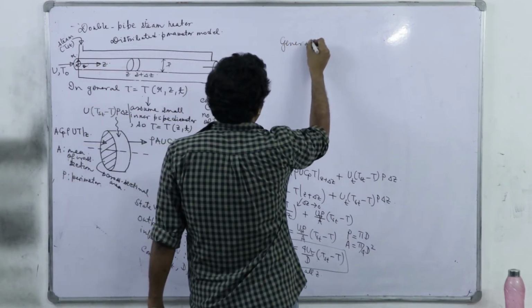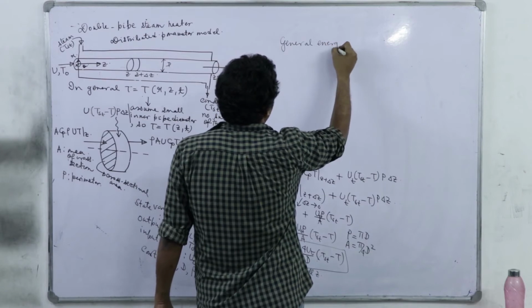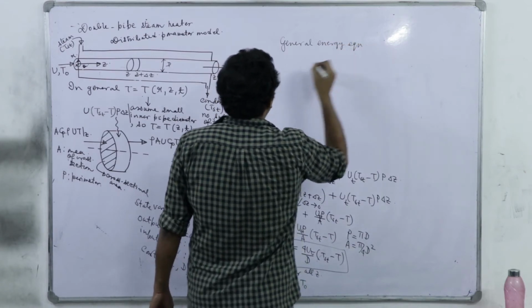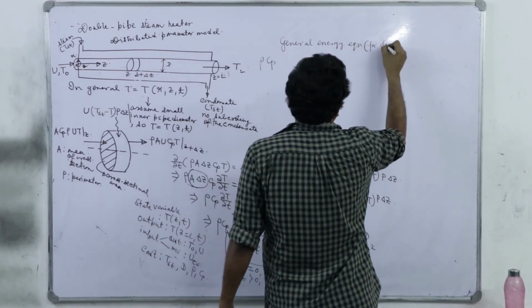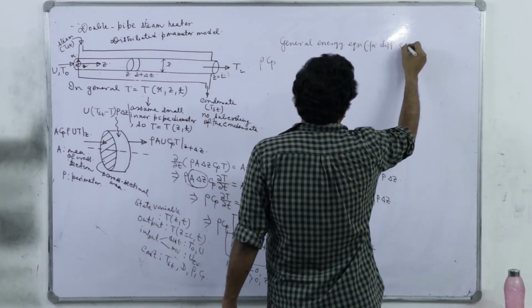Now you see this equation directly we could have derived from general energy equation over a control volume. So general energy equation, we know that it is for differential control volume.